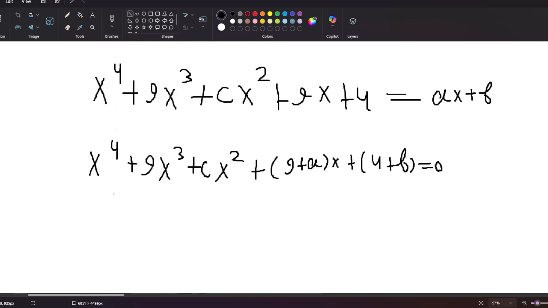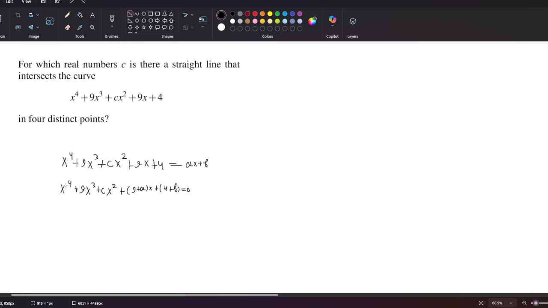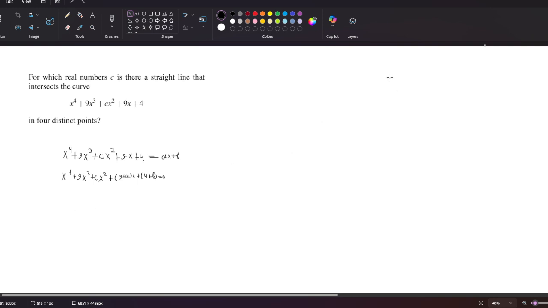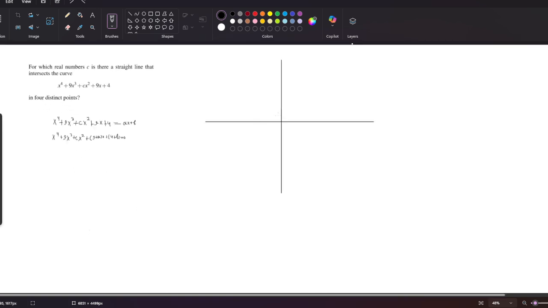Now the only thing we need to do is find under what value c there's a pair of a and b such that this polynomial will have 4 solutions. So let's go ahead and try to make a graph, not for this expression overall, but just 4-degree polynomials.